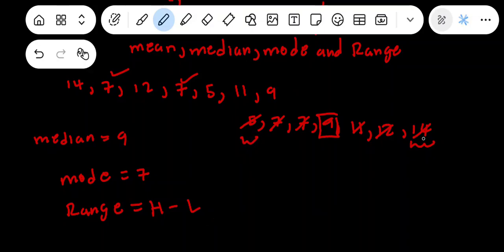Here the biggest number is 14, so you have 14 minus the smaller value, which is 5, the first one. So our range will be 9. That is how we do these things.